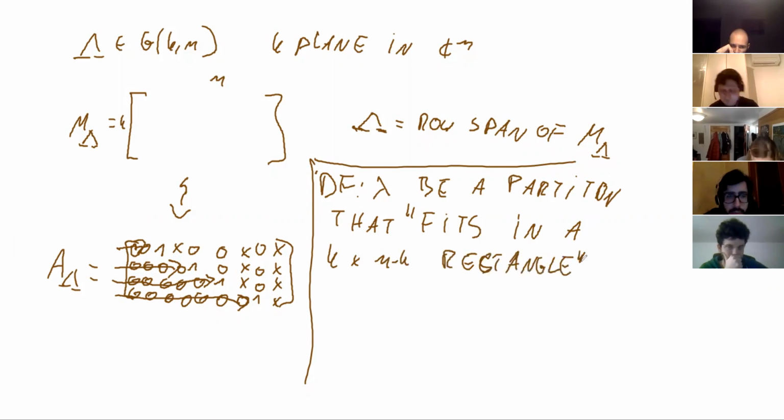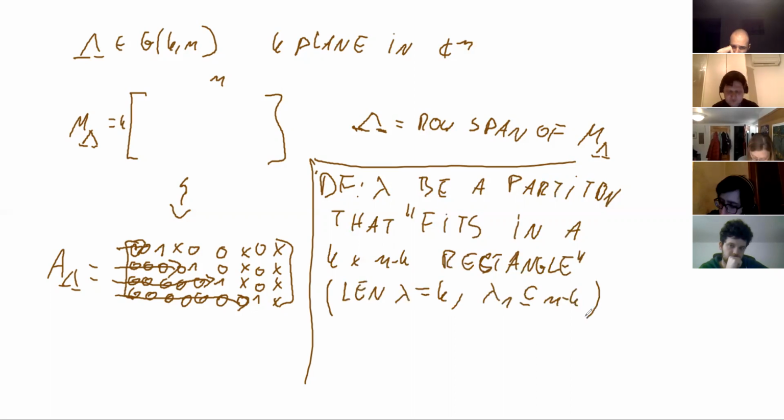So this is what I will be saying in the future, but because this is the first time I say it, I will say what it means. It means that the length of lambda is k, and lambda 1 is less than or equal to n minus k. So that the Young diagram actually fits in such a rectangle.